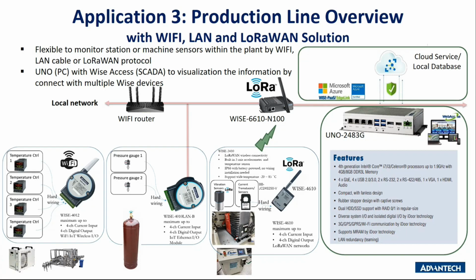And as you can see, we also have the LAN module. This is for those areas which are nearby to our SCADA system. So the LAN will be suitable, and it can also transmit this information with a faster response.